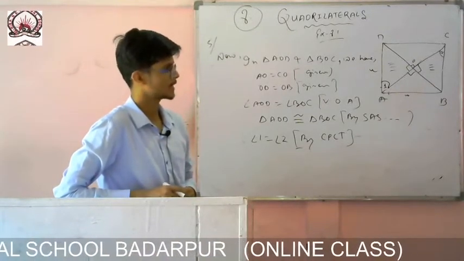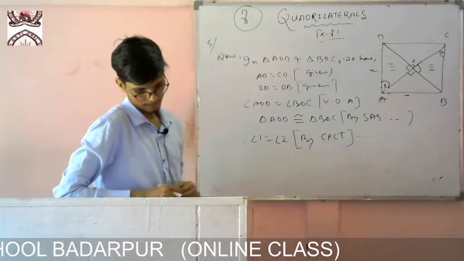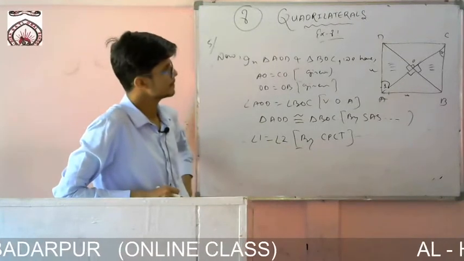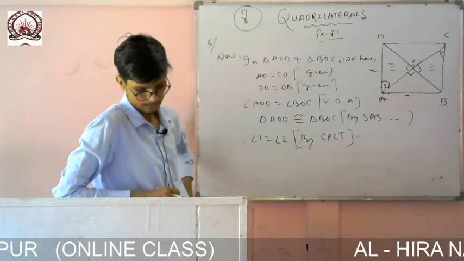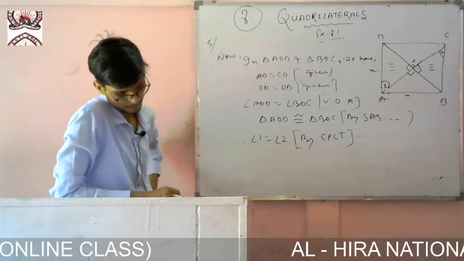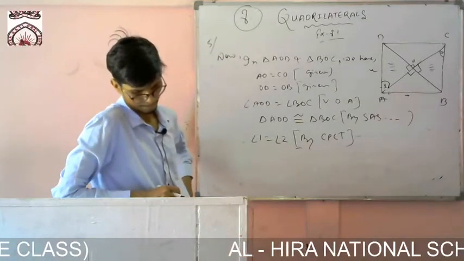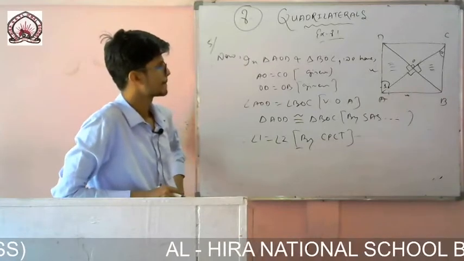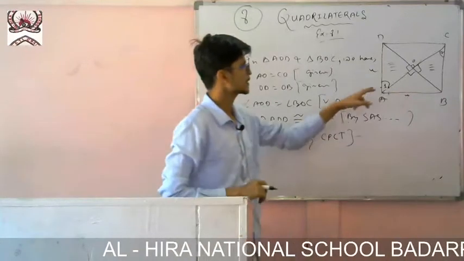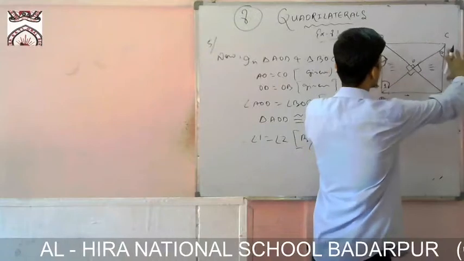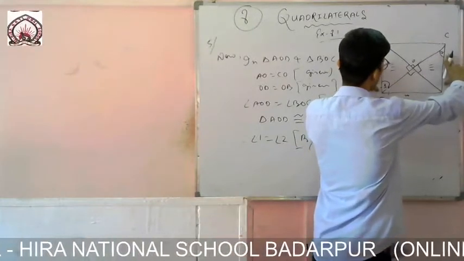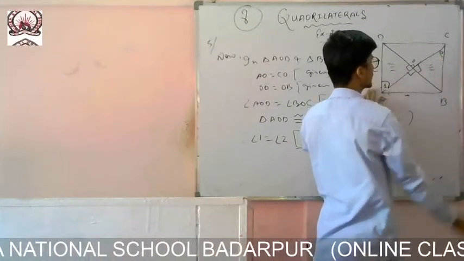But if you see that these are alternate interior angles, if I take these two sides AB, AD and CD, then these two are alternate interior angles.